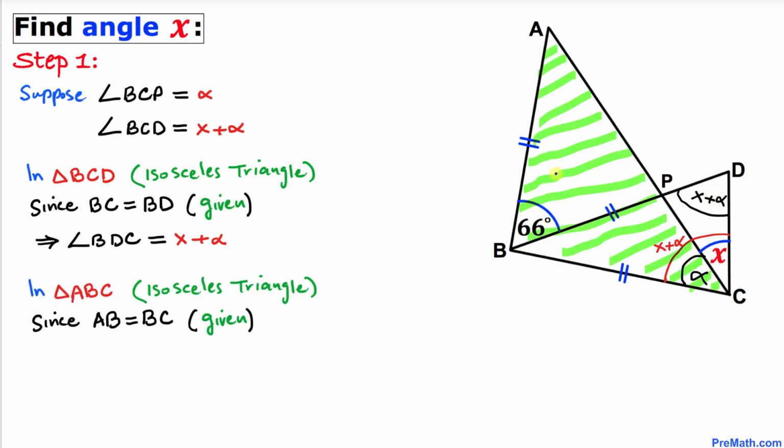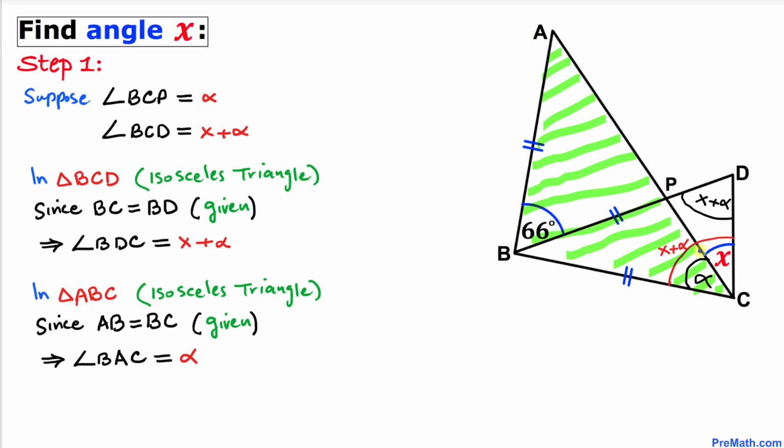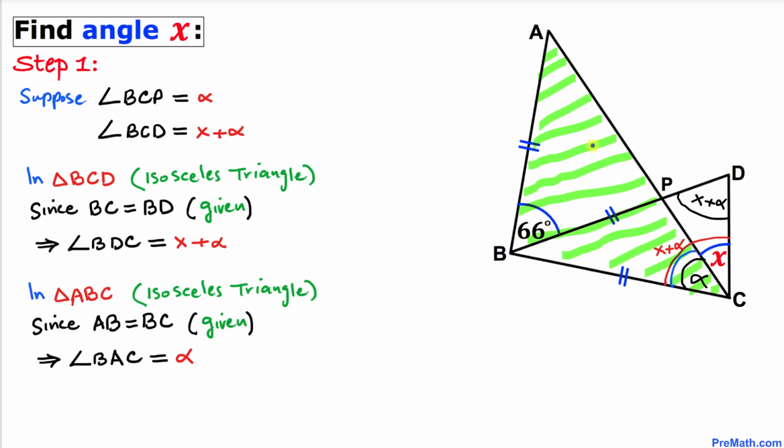Now let's focus on this triangle ABC, and we can see that this is an isosceles triangle as well, since this side length AB is equal to this side length BC. So therefore, if this angle is alpha, then this angle has got to be alpha as well.